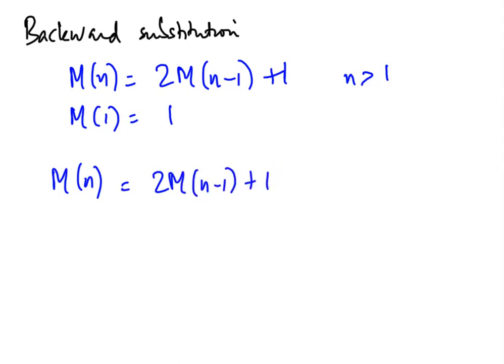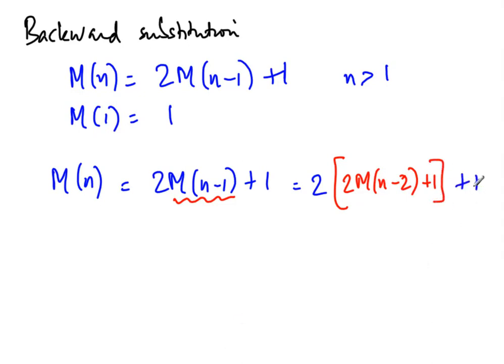Now assuming that we have not hit 1 yet, because n minus 1 is still bigger than 1, we can expand this. So we get 2 times, and when we expand, 2 times m of n minus 2 plus 1, and we still have the outer plus 1. We have just taken this part and written the same thing out, except that for n we have used n minus 1, so this becomes n minus 2. Now if I write this out, I get 2 into m of n minus 2 plus 2 plus 1.